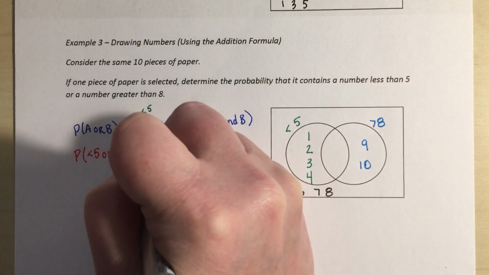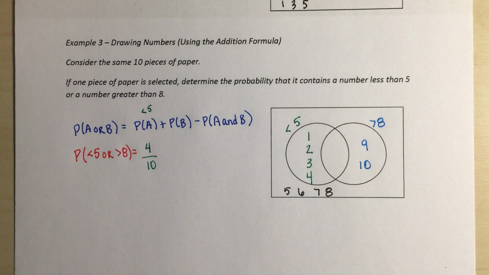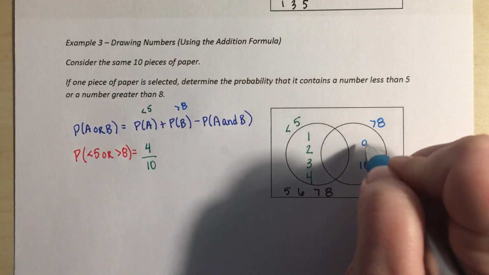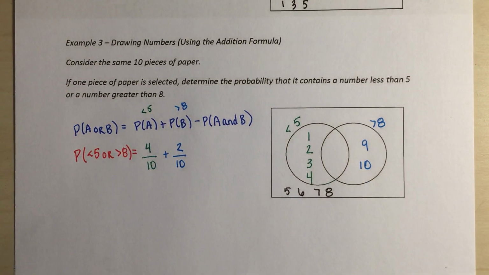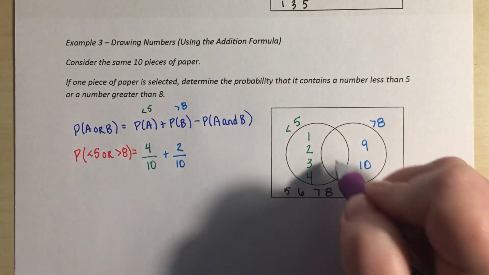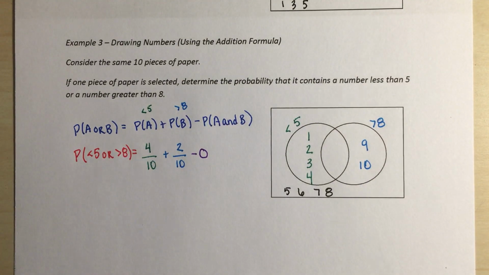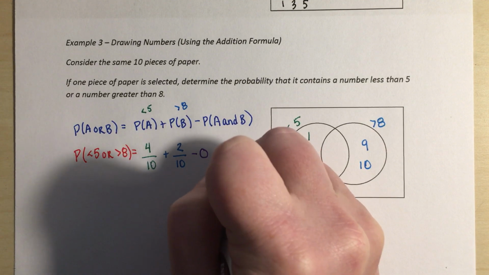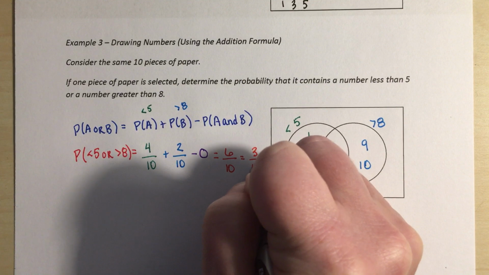We have 1, 2, 3, 4. Plus our probability of B, we'll say that's our greater than 8. We have 2 numbers on that side. Minus both. Well, we don't have anything in the middle, so there's nothing to subtract, or we subtract 0, however we want to think about it. We get 6 over 10, which we can then reduce to 3 over 5.